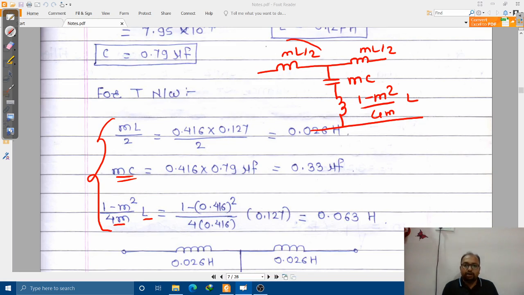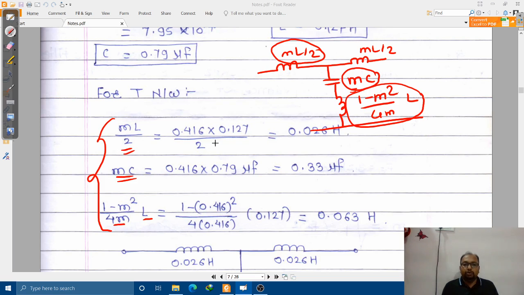We have to find out the value of this component, that is capacitor, with respect to modification factor, and we have to find out the value of this inductor with respect to this particular formula. So let us find it out.